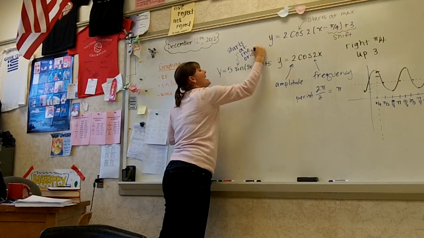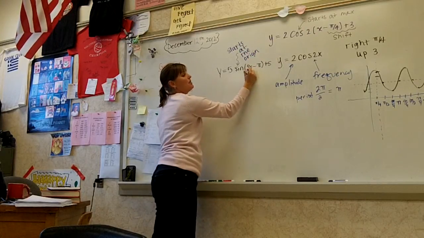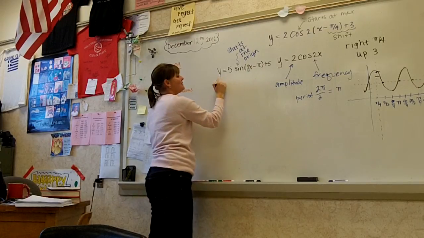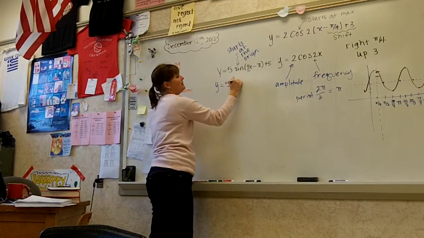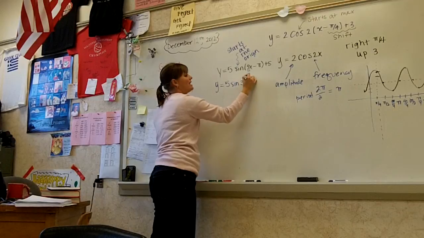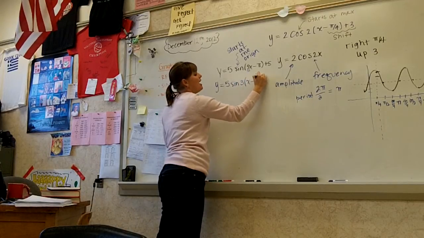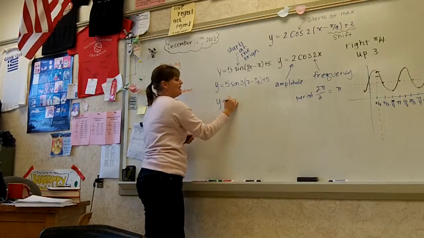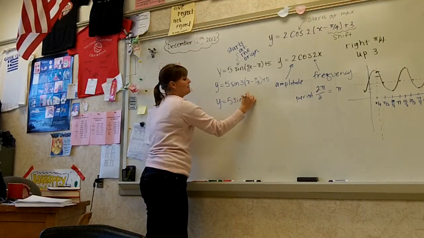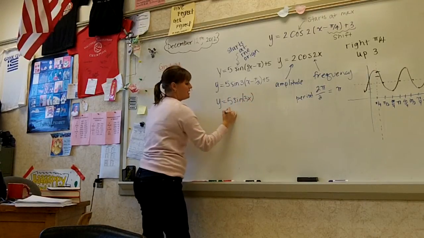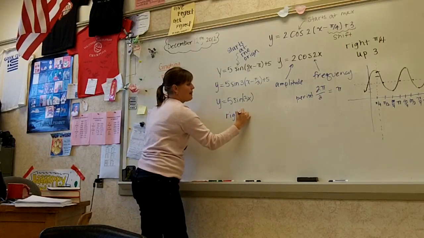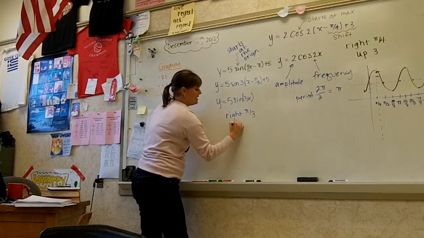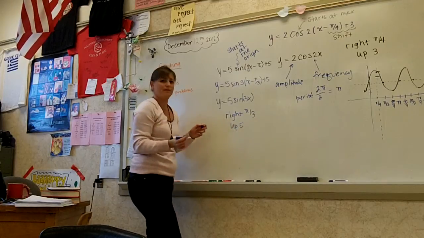Okay? And if you have this number on the inside here, you have to factor it out. So it's 5 times the sine of 3 times x minus pi over 3 plus 5. So you're going to be graphing 5 sine of 3x that is shifted right, pi over 3, and up 5.